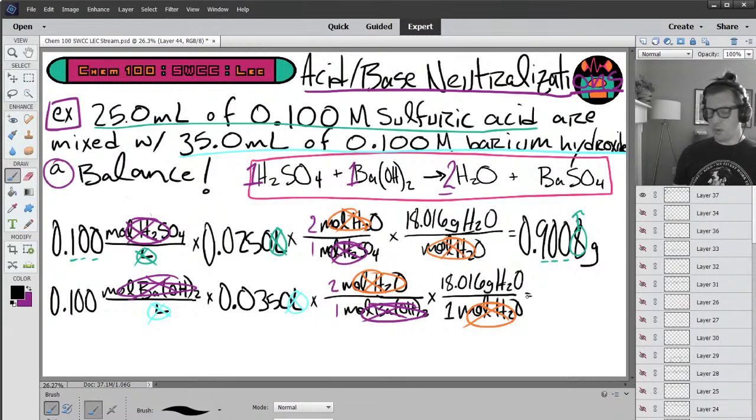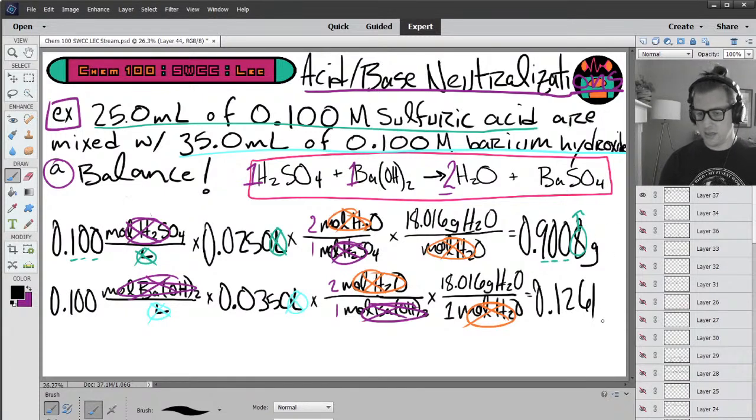So let's crunch these numbers. 0.1 times 0.0350 times 2 times 18.016. This comes out to be 0.1261 grams.